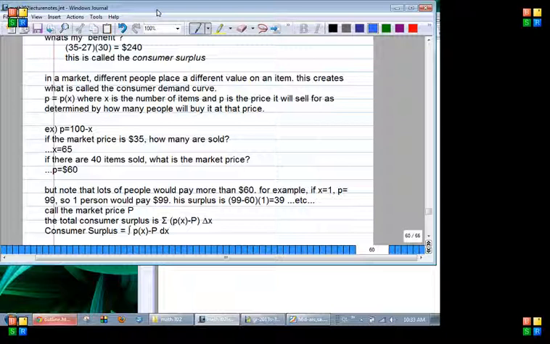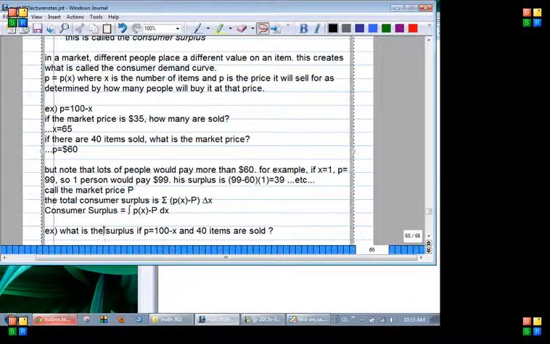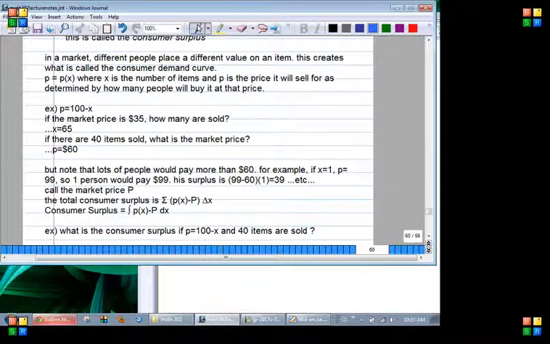Okay. So, to take that last example, what is the consumer surplus in that situation if the price function is 100 minus X and 40 items are sold?